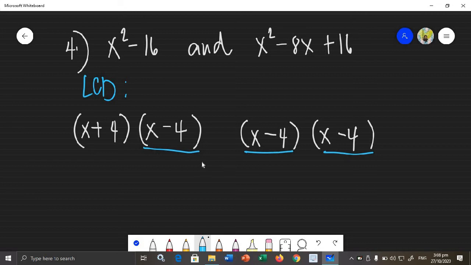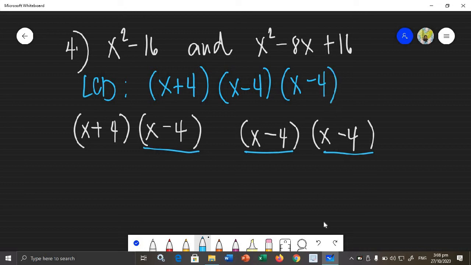Paano, ma'am, kapag may tatlo na same factors? Ika-count natin yan as dalawa naman. So, if I am going to list the LCD, this will be x plus 4, and then count natin si x minus 4, dalawa yung ilalagay natin. Minus 4. Ganyan.